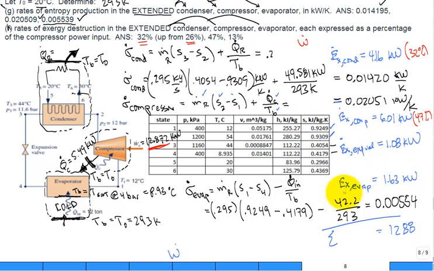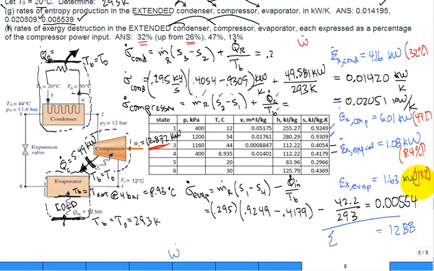And for the evaporator, it comes in at 13%. And for the expansion valve, it's still 8.4%. It didn't need an extension or anything. So when you add these percentages up, you get to 100%. So there's a full exergy accounting of this system.